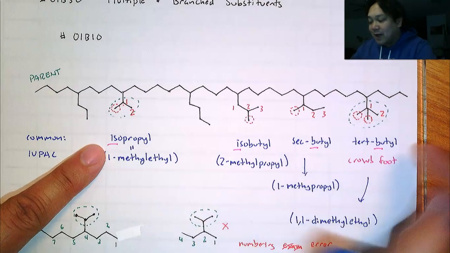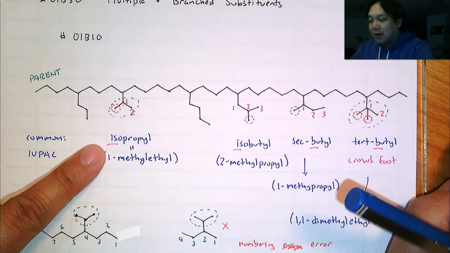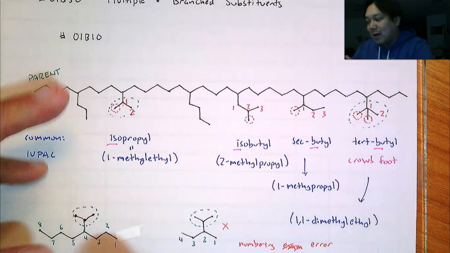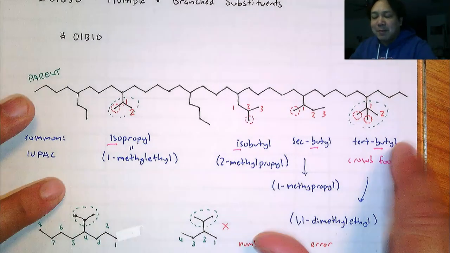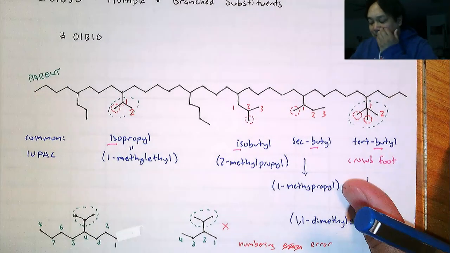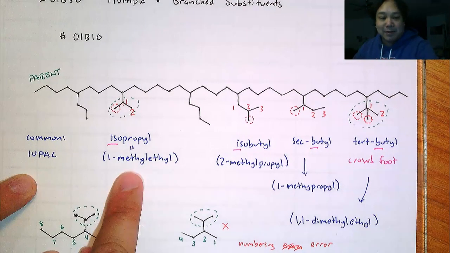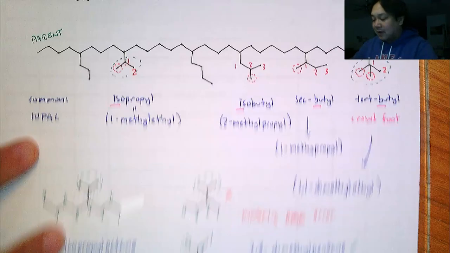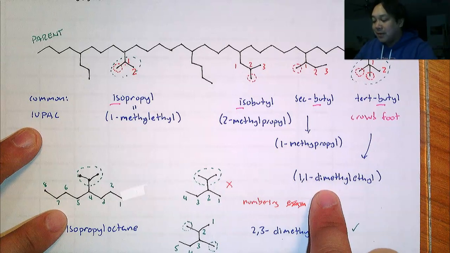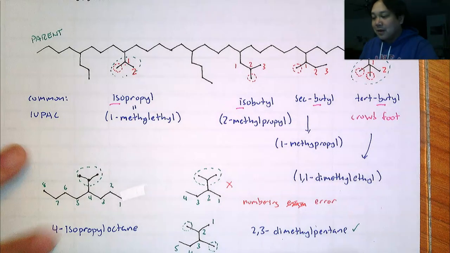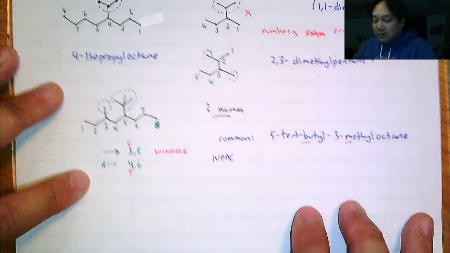So what if I had isopentyl or some other kind of complicated branch substituent? Because you don't have those names to memorize and I'm not giving you those names, you could always fall back to your IUPAC naming. The tert-butyl group is 1,1-dimethyl ethyl. But can we do that from scratch?